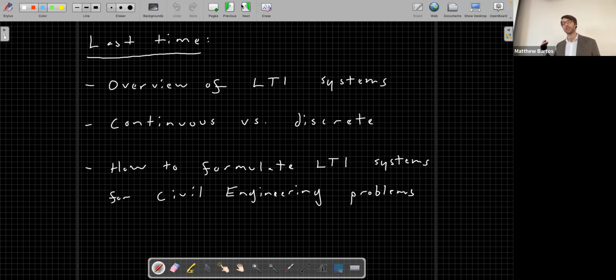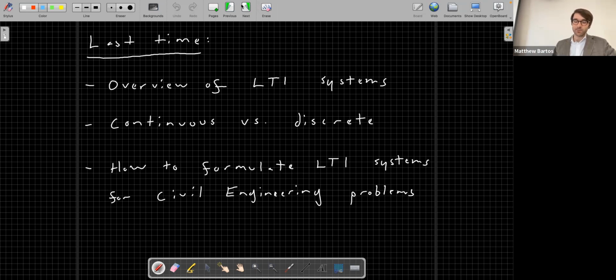So I formulated LTI systems for a structural system. We described the structural system in terms of a differential equation using Newton's second law. I formulated the LTI system for an LRC circuit using Kirchhoff's laws for voltage and current. And we found that the actual form of those differential equations were almost the same.